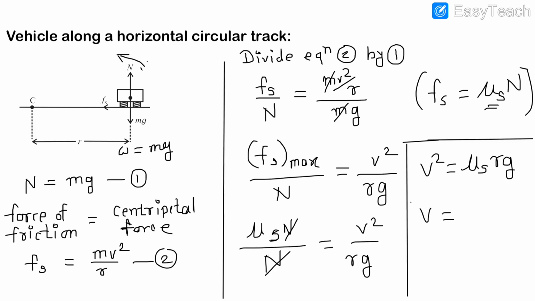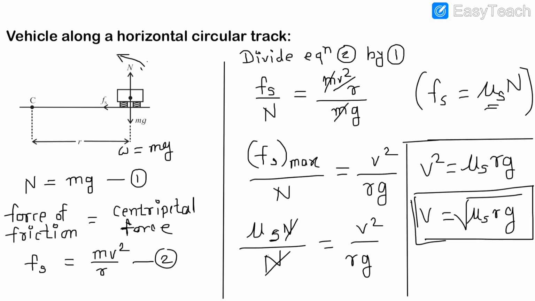For v, we take the under root of mu s r g. This is the maximum speed. Here I am writing the maximum frictional force, so I can write v max. That is the maximum speed from which we can take the turn. Above this speed, the vehicle will leave the road or skid out of the road. Okay, this equation is for maximum speed.